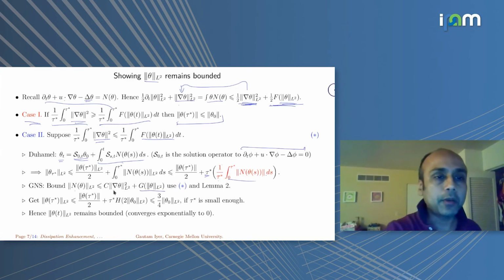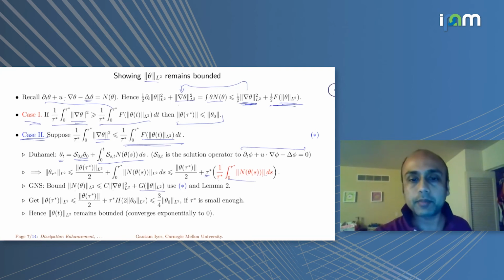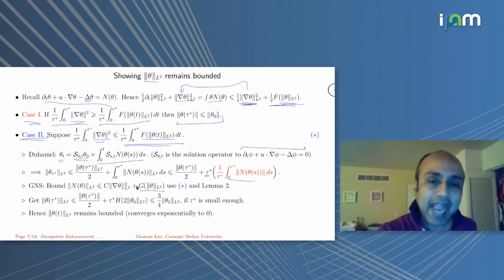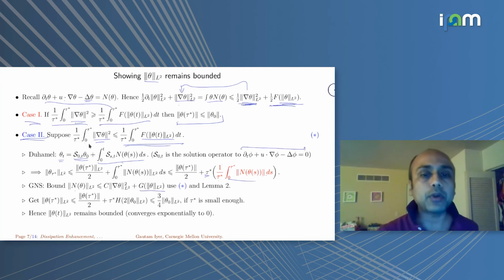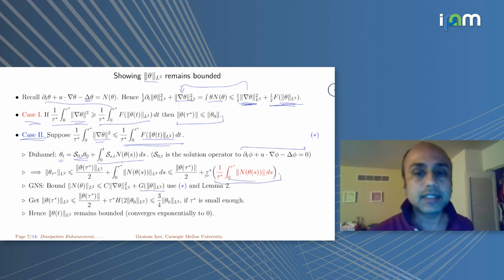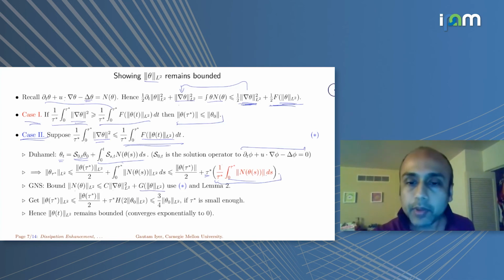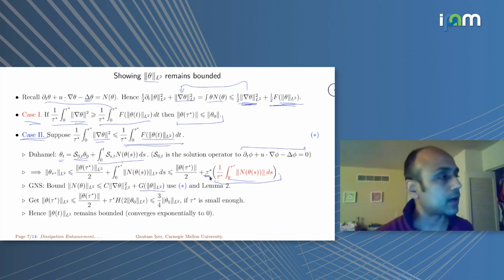But hey, look, we're in case 2. The H1 norm of theta, I assumed, is controlled. So if I use the standard Gagliardo-Nirenberg bounds on the nonlinearity and the fact that I have a bound on the H1 norm, this entire term in parentheses is controlled by something nice. And you have a tau star left out in front.